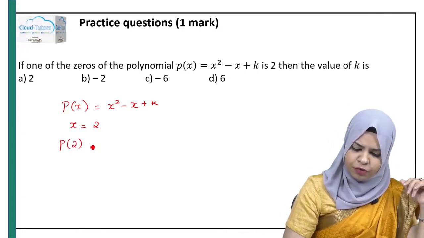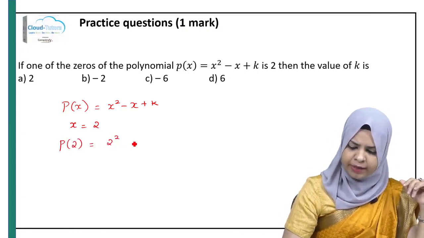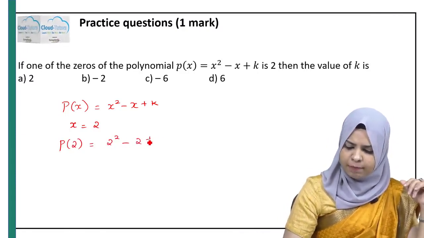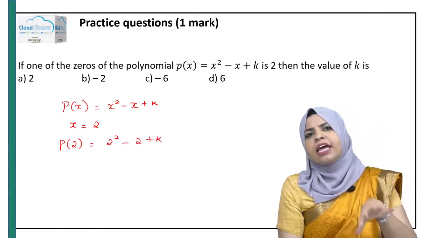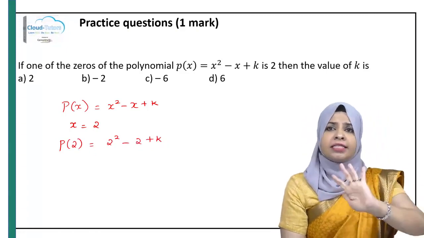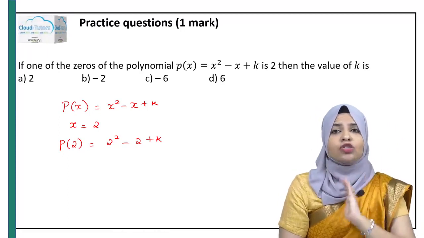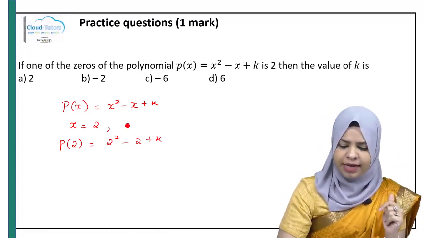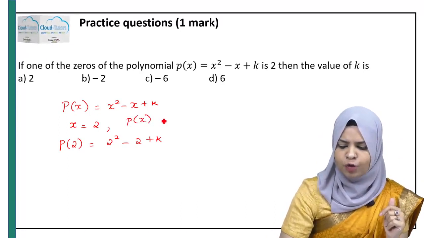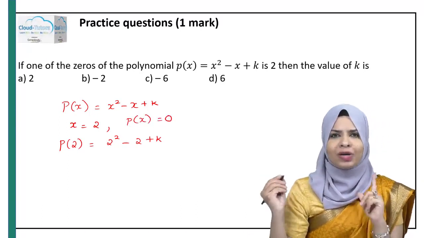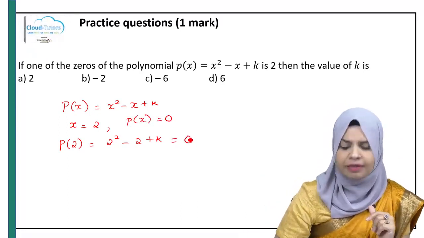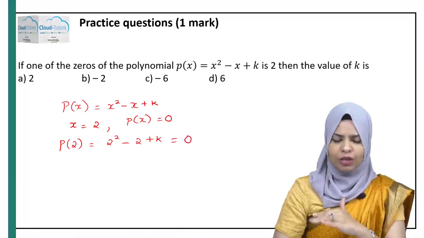So what is p of 2? It will be 2 square minus 2 plus k. Now one more thing. They are saying for sure x is equal to 2, that means it is a factor. So what will happen to p of x? Then p of x should be equal to 0, right? So we equate this given expression to 0.